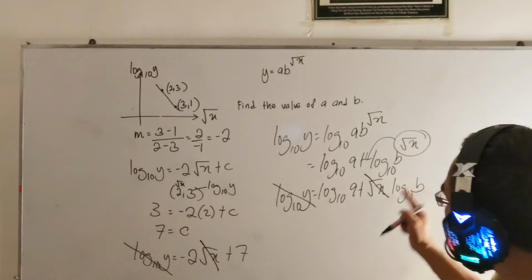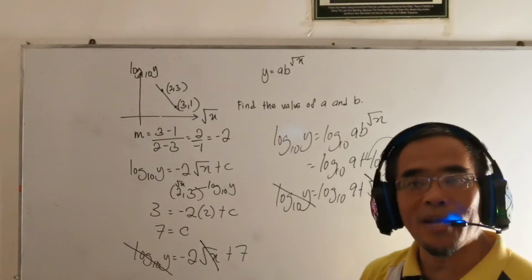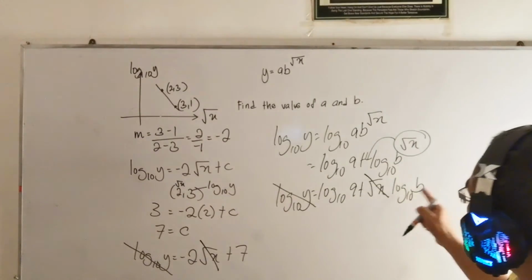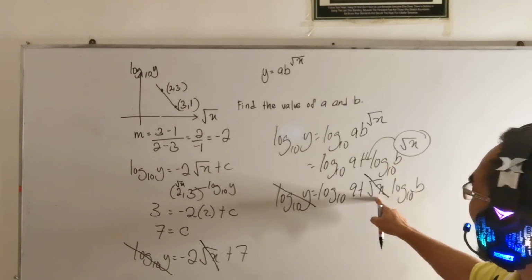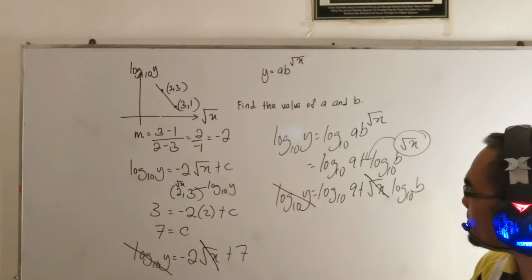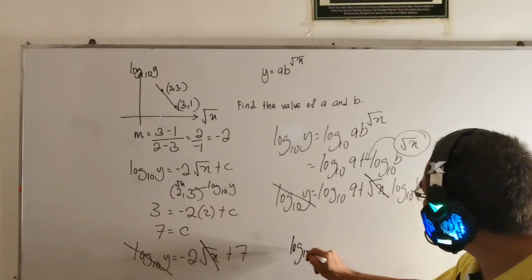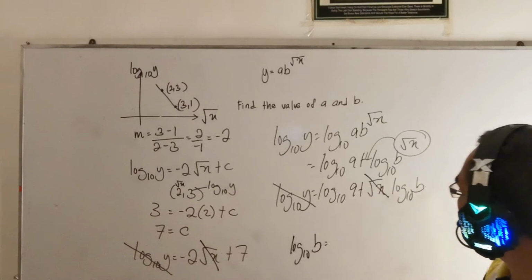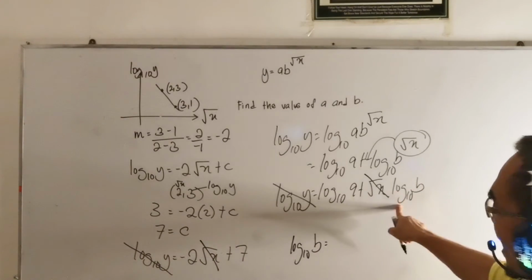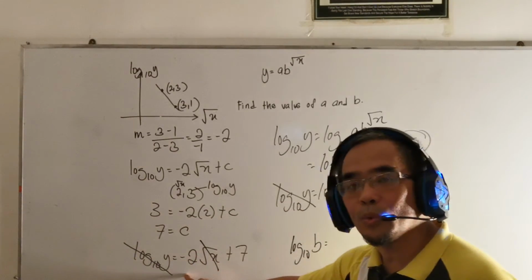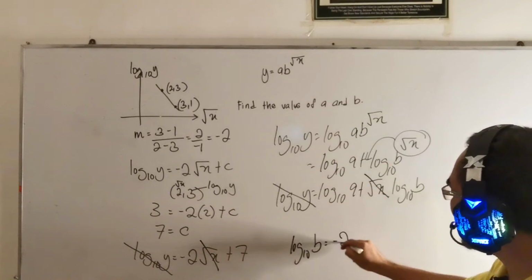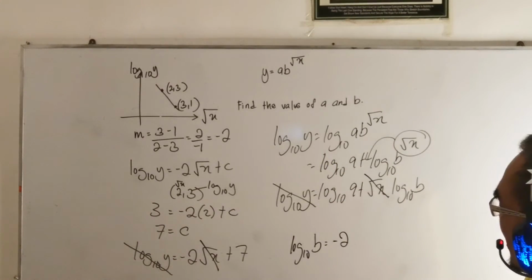Now the issue is which one is m and which one is c. The one married to the square root of x represents the gradient. So we say log 10b, which is the gradient from this line, equals the gradient from that one, negative 2.